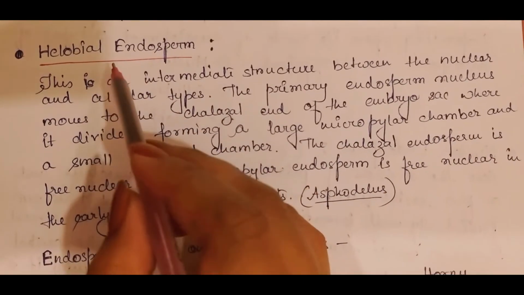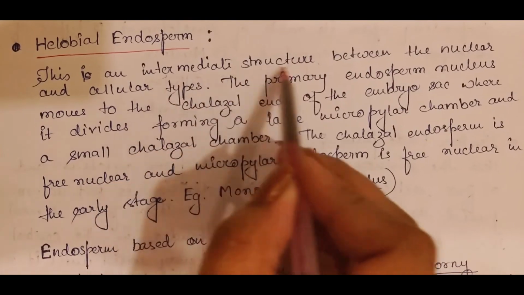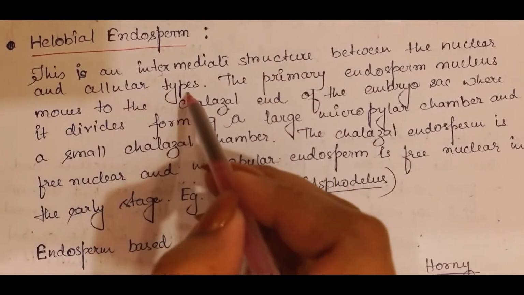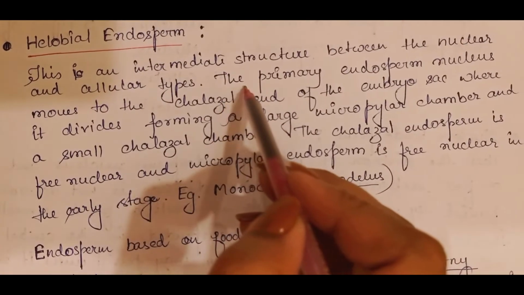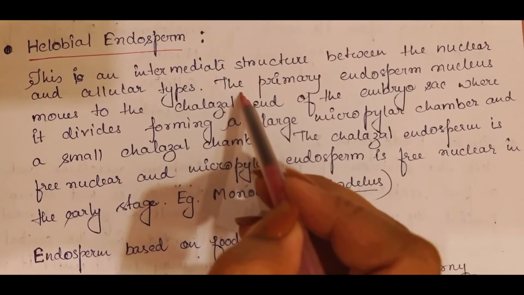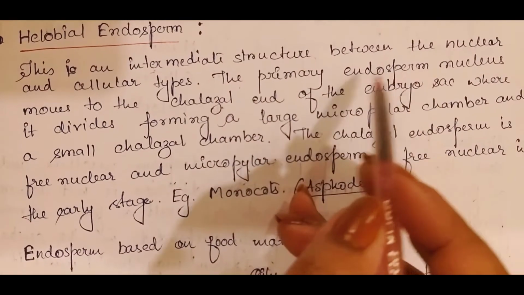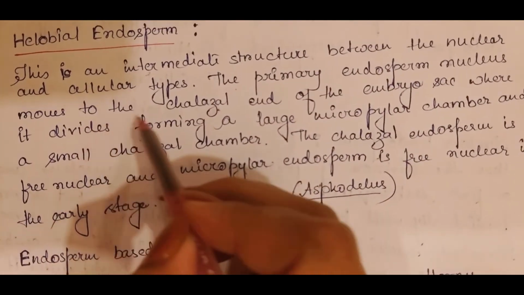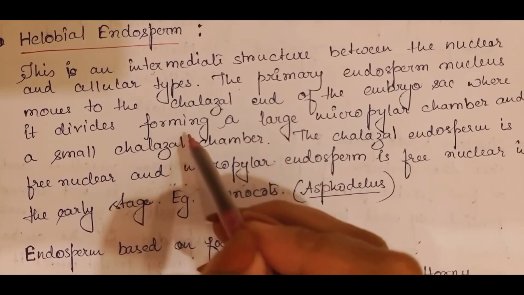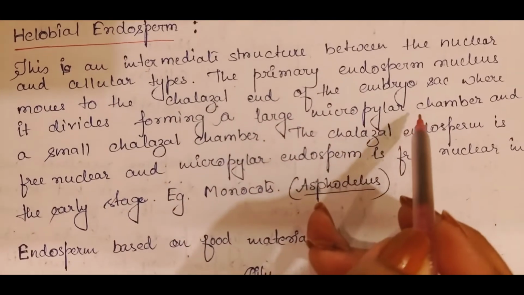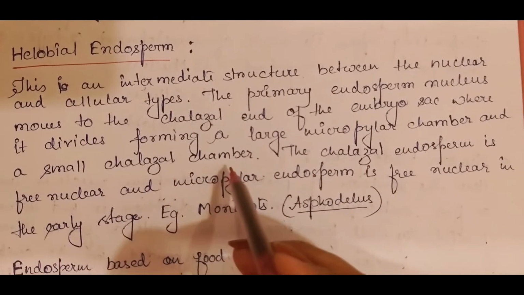Next we go to helobial endosperm. This is an intermediate structure between nuclear and cellular types. This is very common in monocots. You can also find this in some dicots, but it is more common in monocots. The primary endosperm nucleus moves to the chalazal end of the embryo sac, where it divides, forming a large micropylar chamber and a small chalazal chamber.